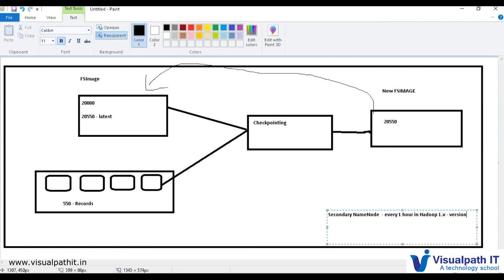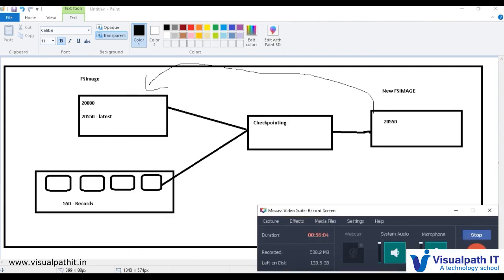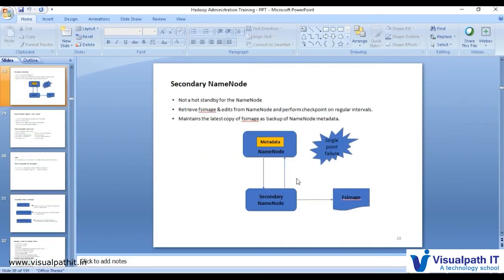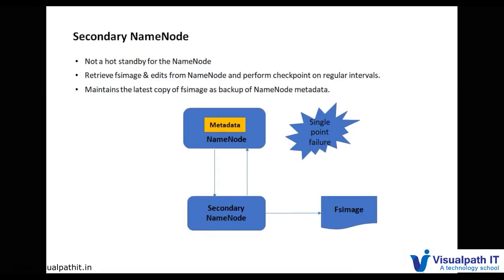But there are some scenarios available. That scenarios we can see. The checkpointing operation will be performed by the secondary name node. And what is the secondary name node? It is not a hot standby. It means, for example, if the primary name node goes down, the secondary name node will not work as the primary active.